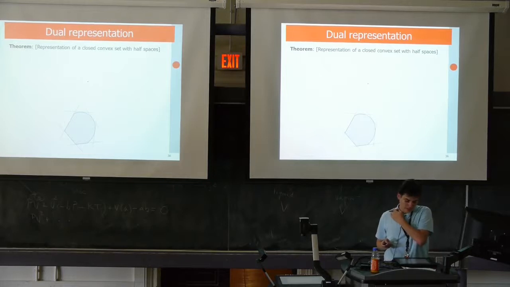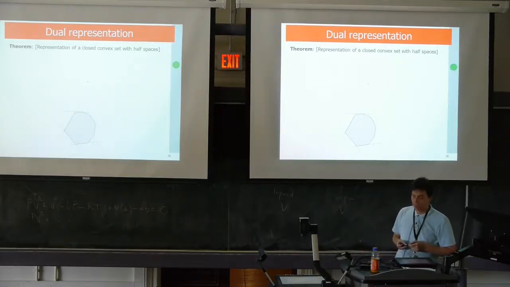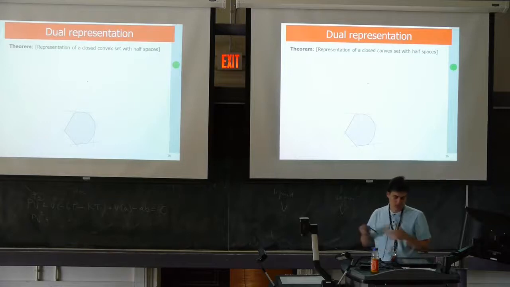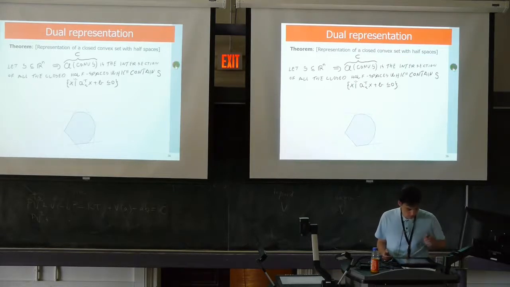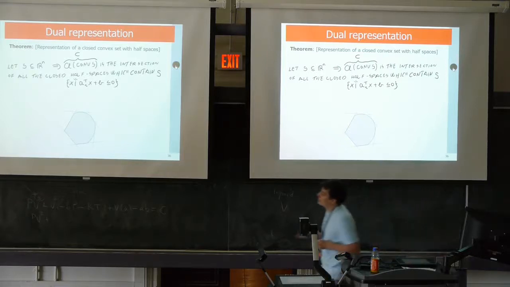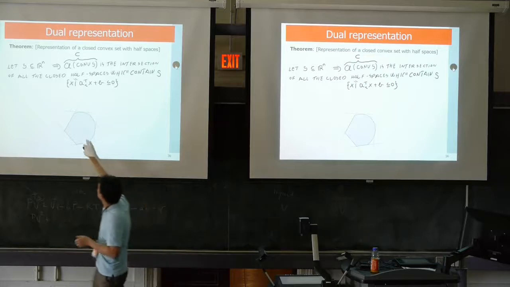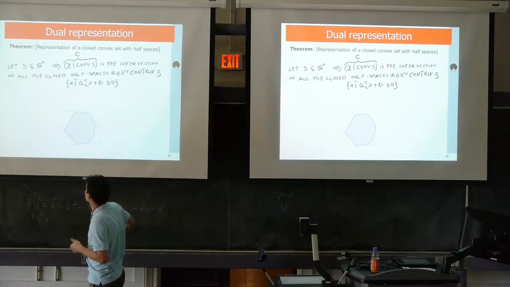And there's a dual representation, which says that closed convex sets can be represented with half spaces as well in the following way. So the theorem again says that let S be a set in the n-dimensional Euclidean space.